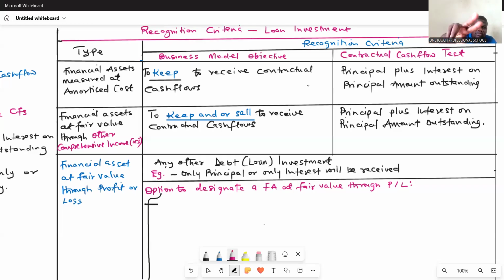If it does not meet any of the first two criteria, then it's fair value through P&L. And number two, if treating it under fair value through OCI or financial asset at amortized cost will cause an accounting mismatch, then you should take it to fair value through P&L to avoid that accounting mismatch. Okay.